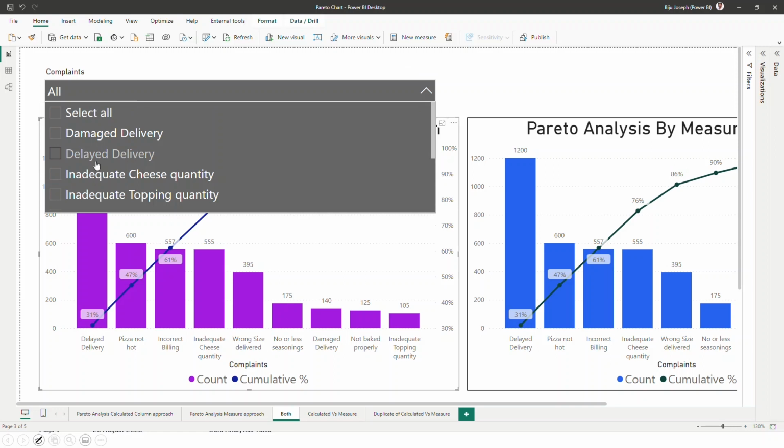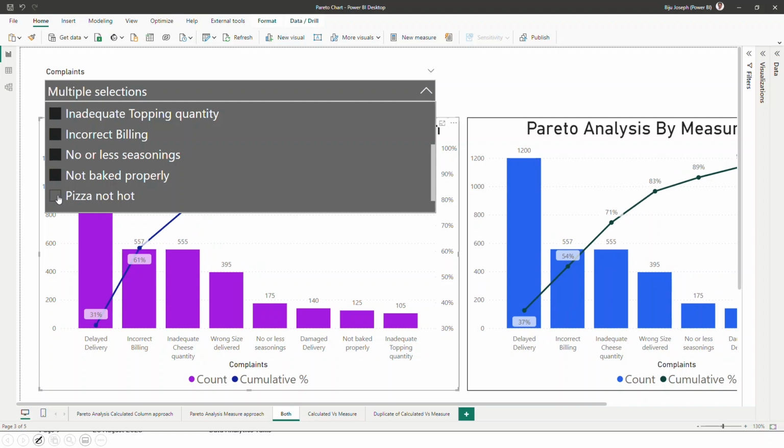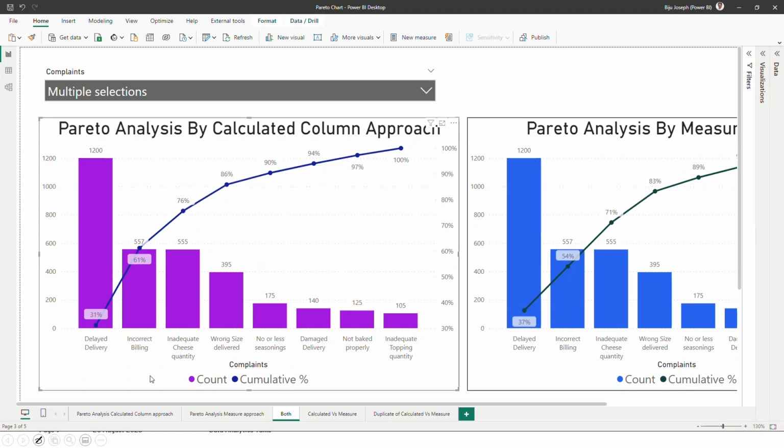I would like to eliminate the pizza not hot option. Yeah, it is recalculated, right? But what's the difference? Delayed delivery still constitutes 31% in the calculated column approach, but in the measure approach it has become 37%.